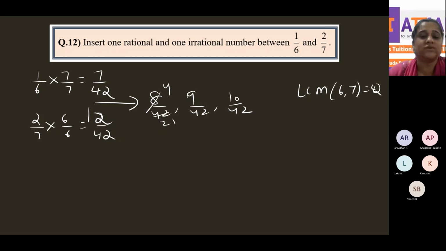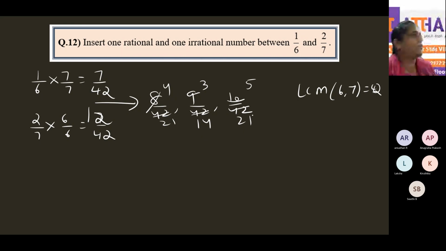Simplifying: 9/42 becomes 3/14, 10/42 becomes 5/21. So what do we understand? To insert a rational number between 1/6 and 2/7, you don't have to find the decimal value of 1/6 and 2/7.